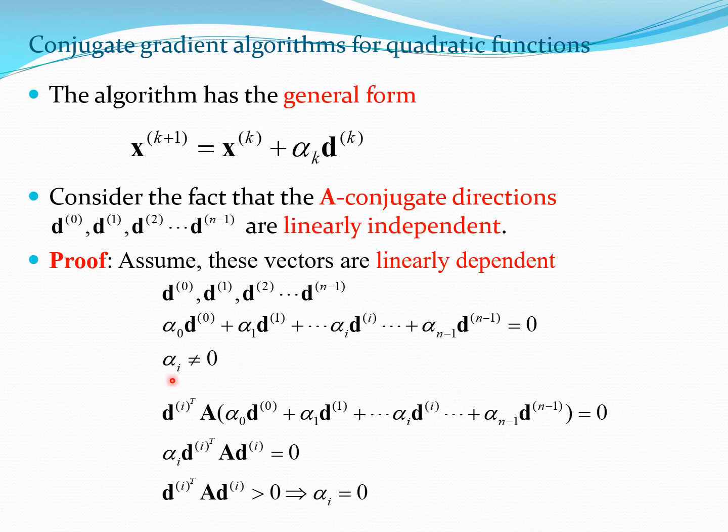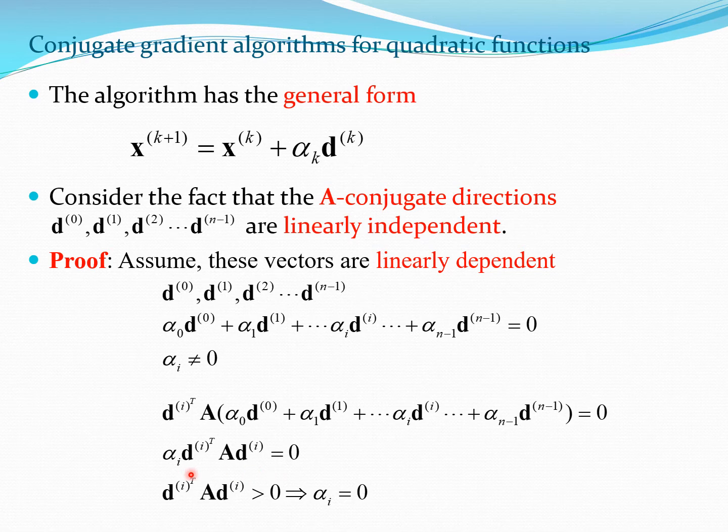Now let's say this is true. Then let's go back to the equation here and pre-multiply it by di transpose A. So we pre-multiply this equation, and essentially there is a lot of vanishing, and all the terms where j is not equal to i essentially get eliminated because of the A-conjugacy property, and whatever remains is this term: alpha i di transpose A di equal to 0.